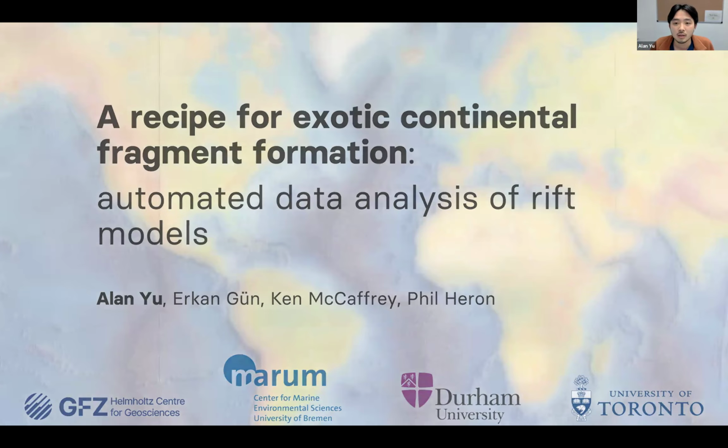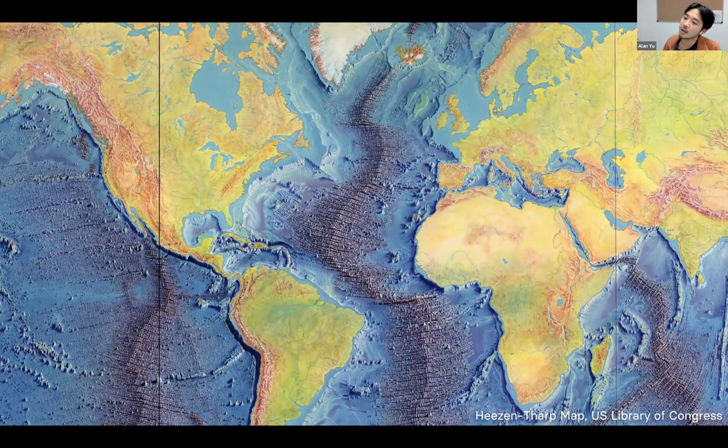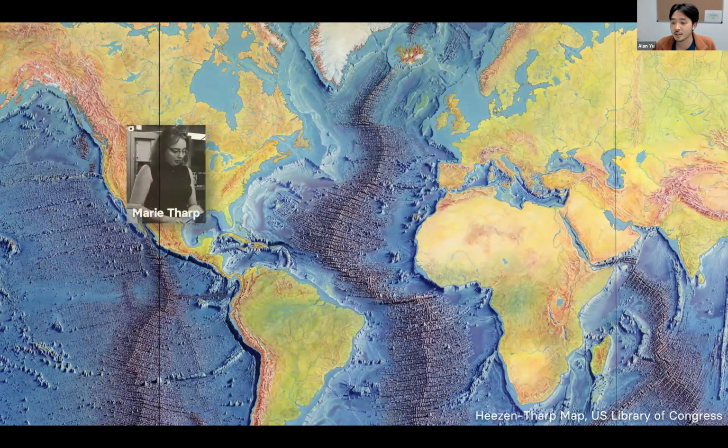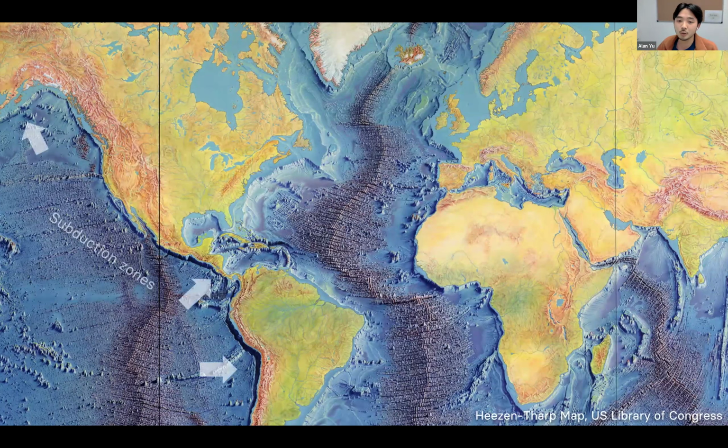So I'll start this presentation with a very beautiful map. It's called the Heezen-Tharp map. It was produced by American geologist Marie Tharp in the 1950s, following a series of submarine surveys. Her map unveiled a new list of features that we didn't see previously, and that was set to revolutionize how we see the Earth.